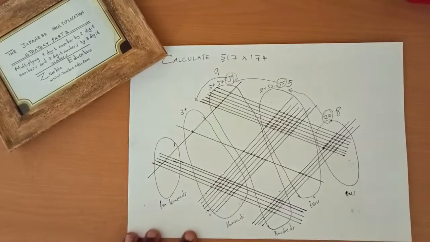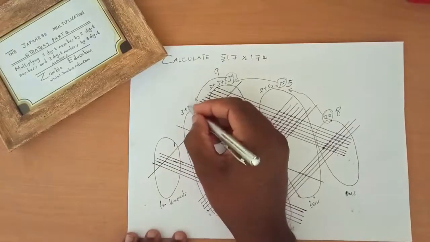So we have a 36 after having added all the line crossings under the thousands segment. So we say 36.